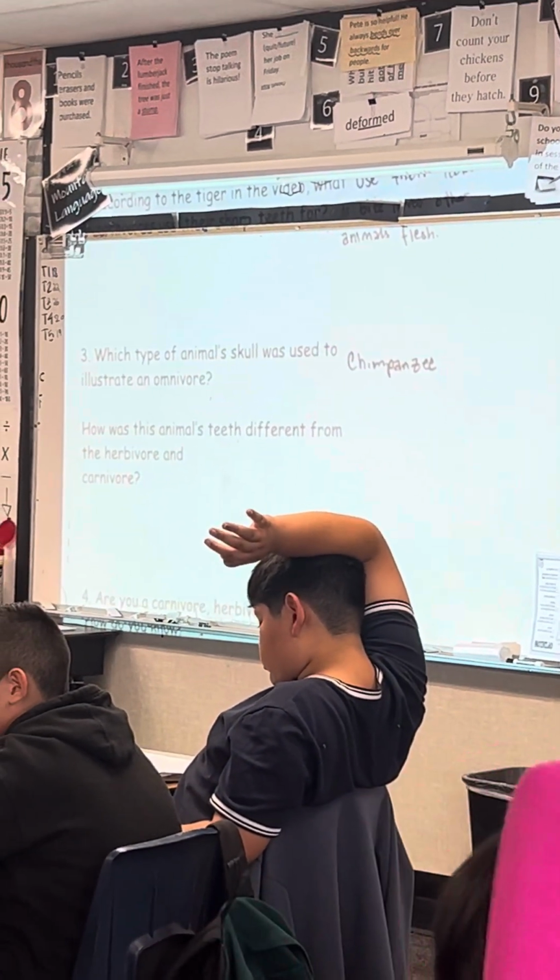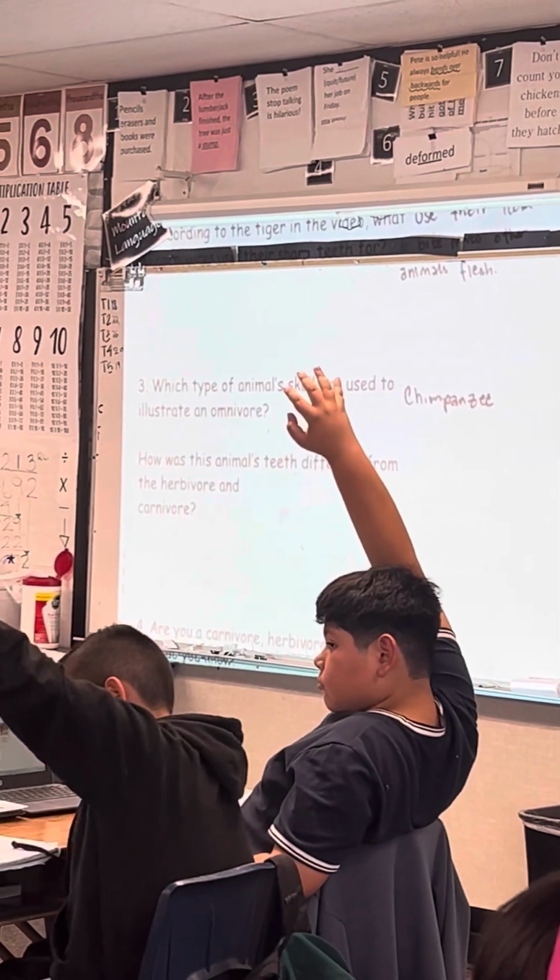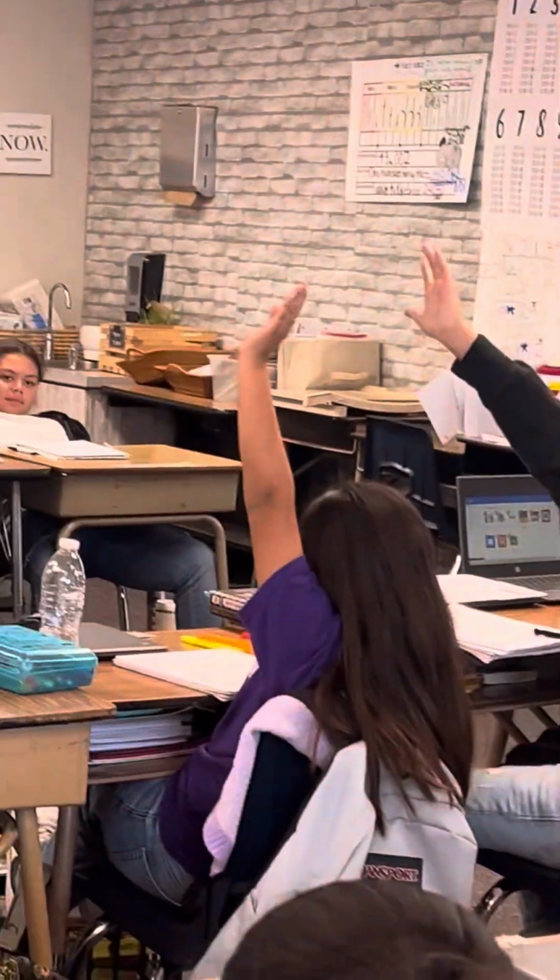Okay. So now, how was this animal's teeth different from the herbivore and the carnivore?